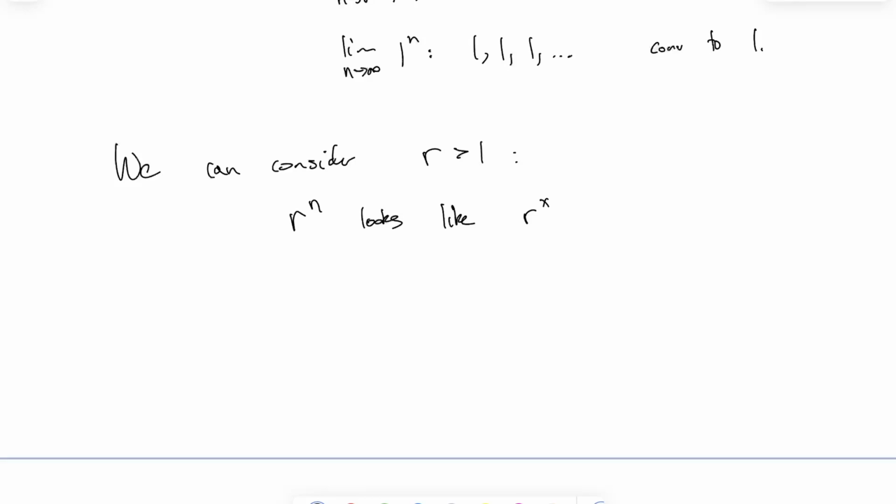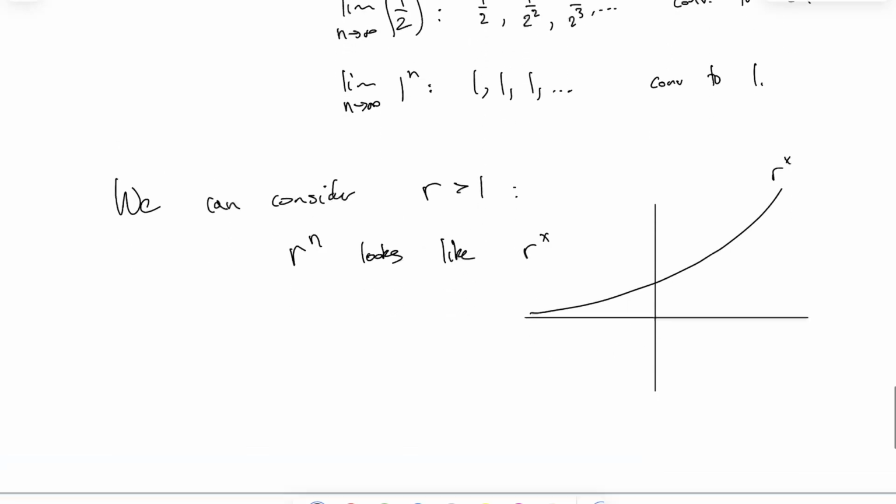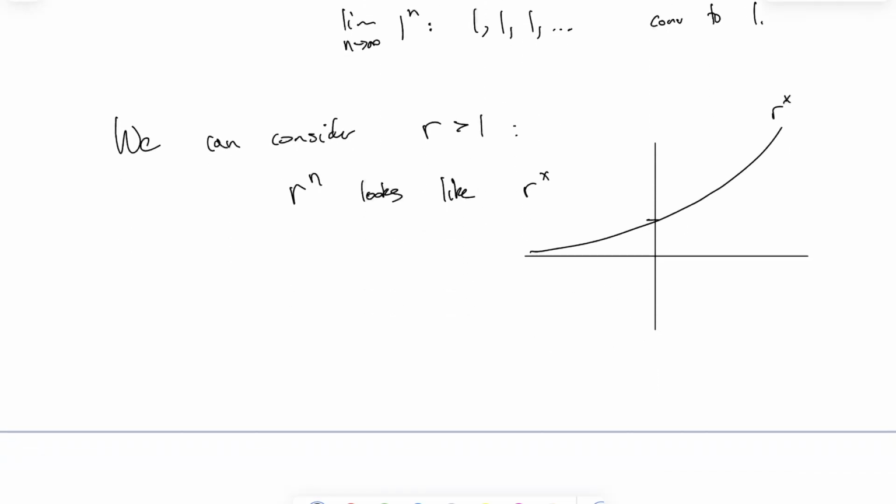If the base of the exponential function is positive, then it really is a continuous function. There are no problems. Remember I said there are issues if the base is negative, then weird things can happen. But if the base is more than 1, then this looks just like the function r to the power x. The graph of such a thing, when r is greater than 1, always looks like this. It goes through 1 right there. So, when r is bigger than 1, the terms go up forever.